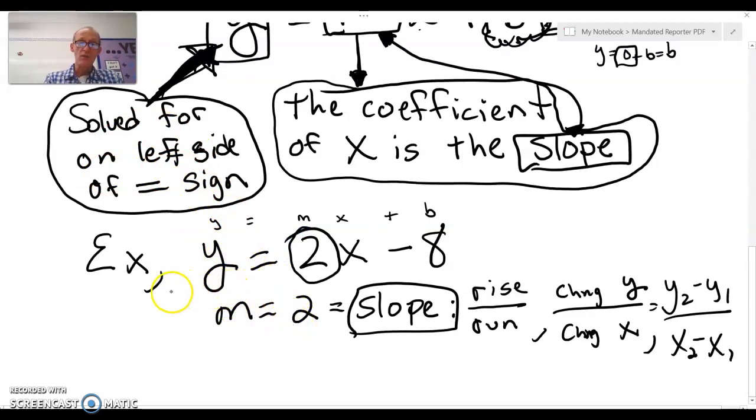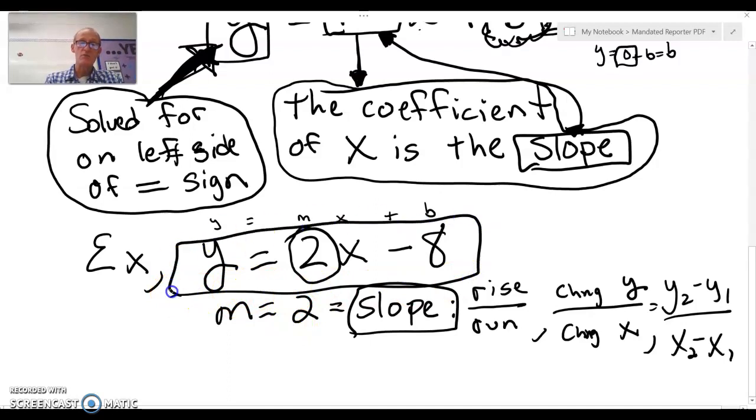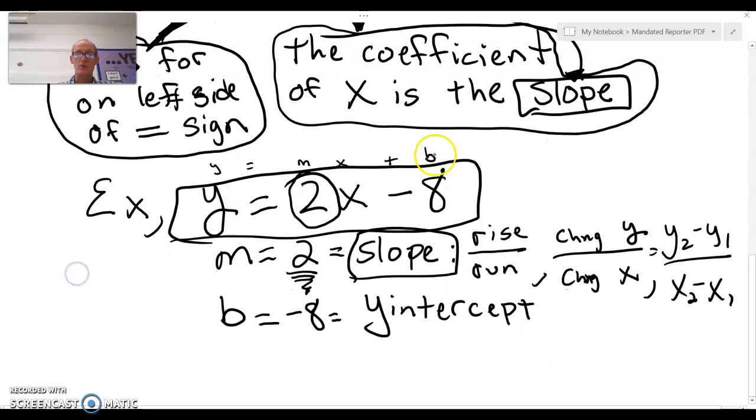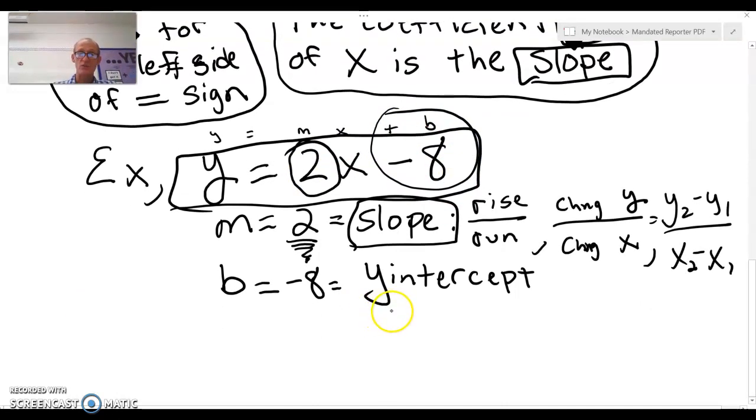So in this problem, 2 is the slope, and -8 is the y-intercept. This number here is the y-intercept. This is when x equals 0.